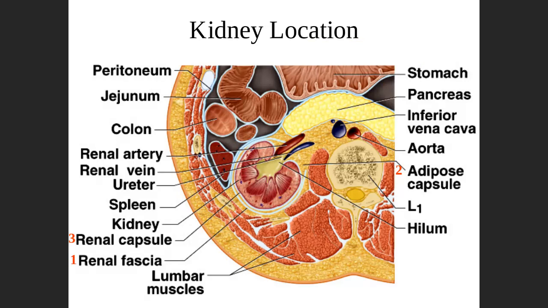Location-wise, the anatomy of the kidney: the small intestine and the large intestine sit in the peritoneum, and the mesentery is a double layer of the peritoneum.